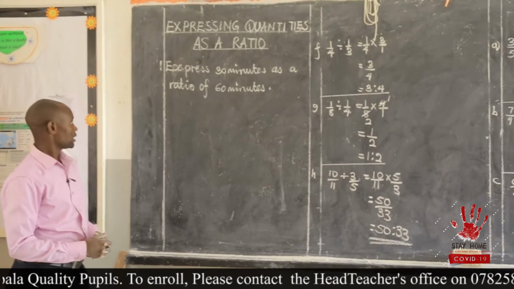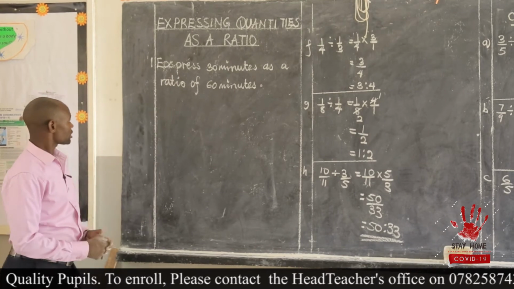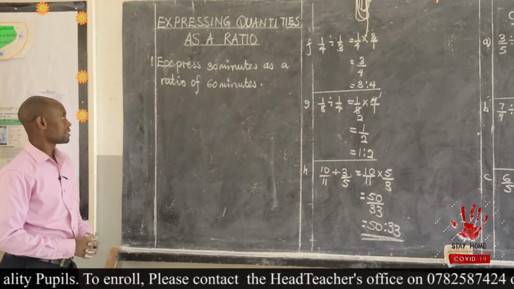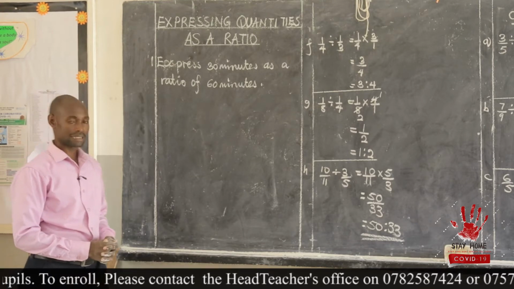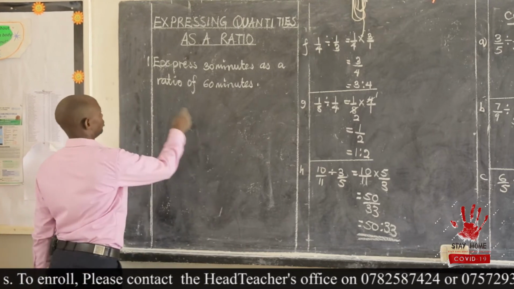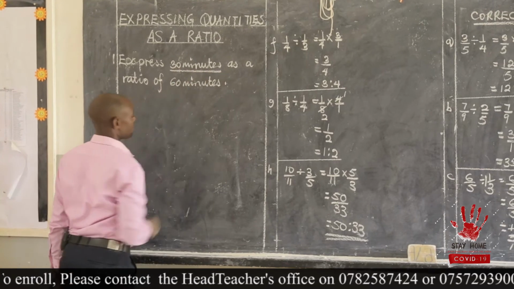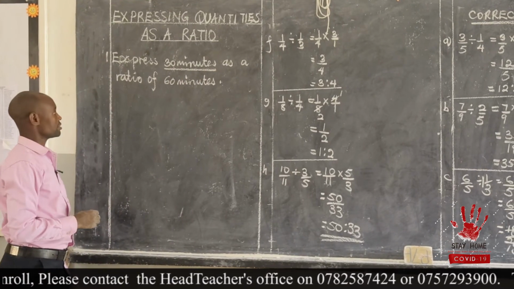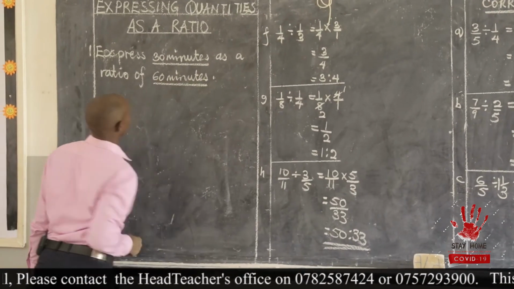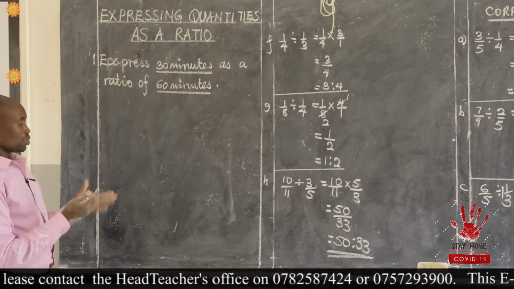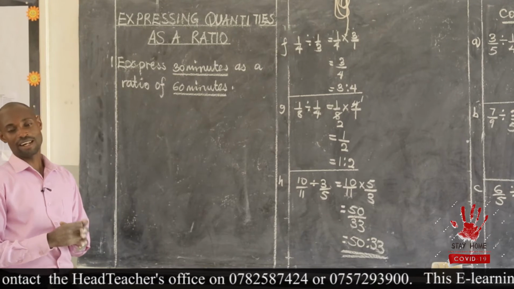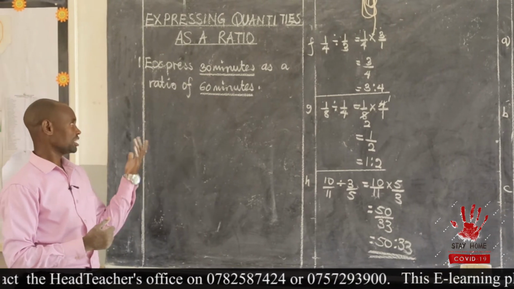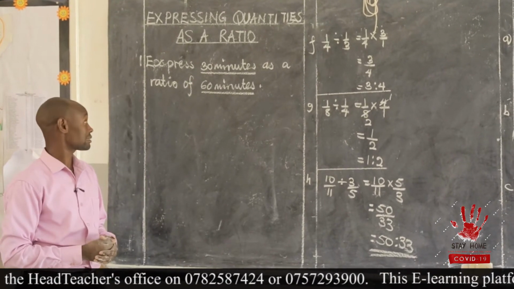So in our example number 1, we are going to see how we can express 30 minutes as a ratio of 60 minutes. We are expressing 30 minutes as a ratio of 60 minutes. Look at the quantities given. You must make sure that we have the same units. So in this case, do we have the same units?